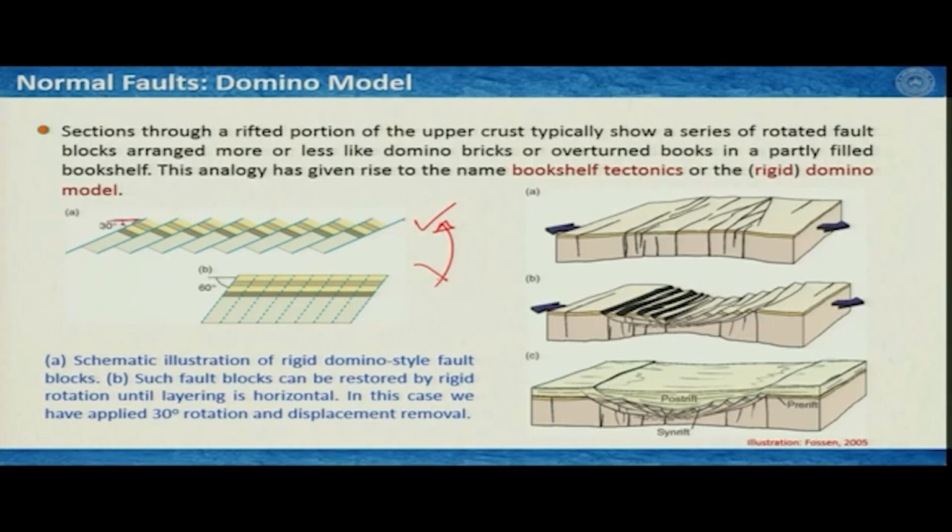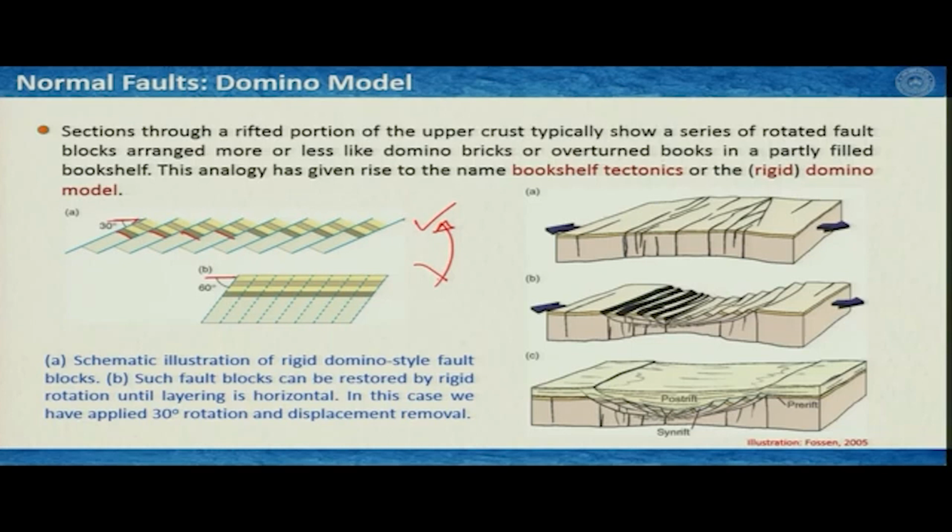So, now it is 30 degrees, but you can tilt them back to match this layer with this layer and this layer and so on, and then you can figure out what is the initial orientation or initial angle of the original deposition. Now, this also happens in large scale tectonics, particularly when you have rift tectonics.